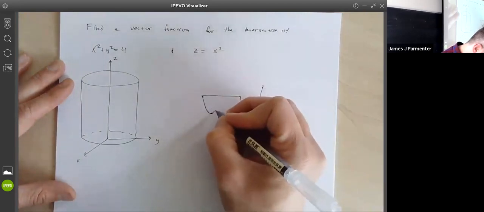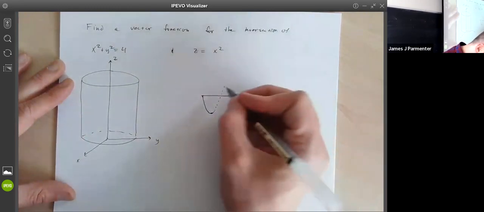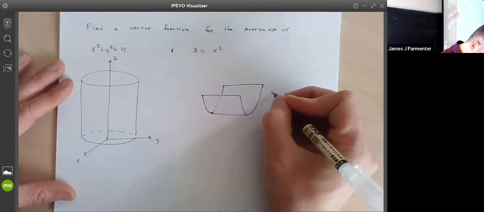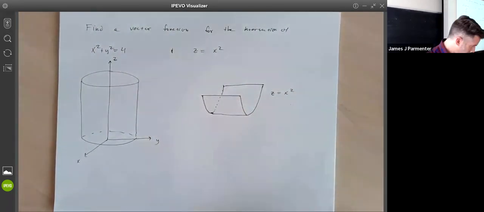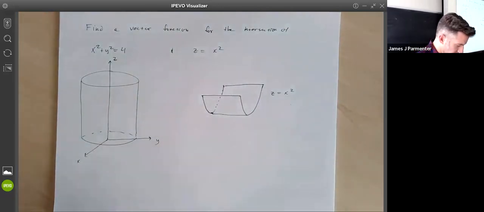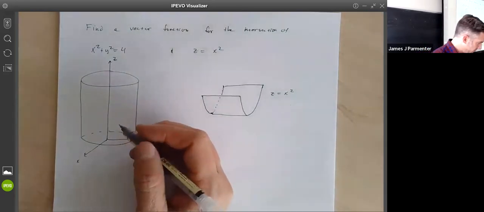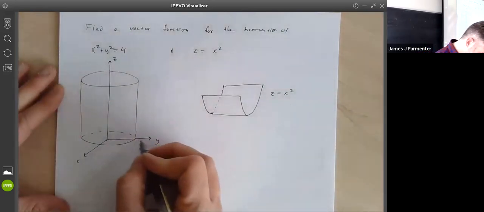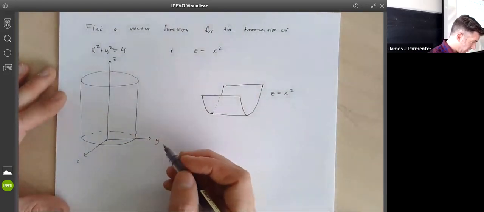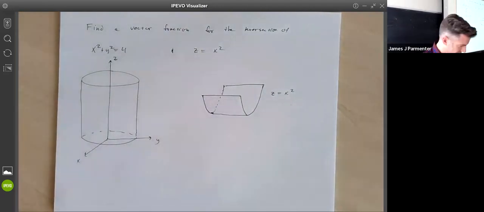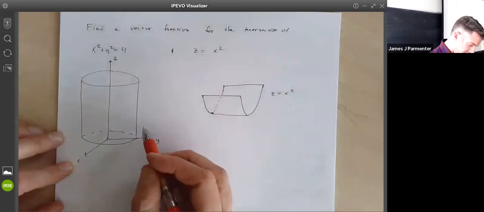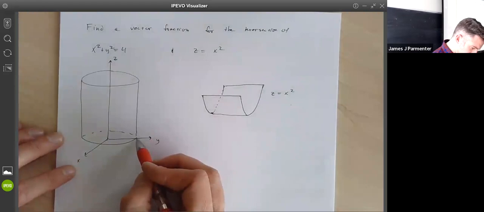So here is our z equal to x squared. If we're going to see where these intersect each other, I'm trying to draw this so it actually looks nice. Over here, if y is 2.